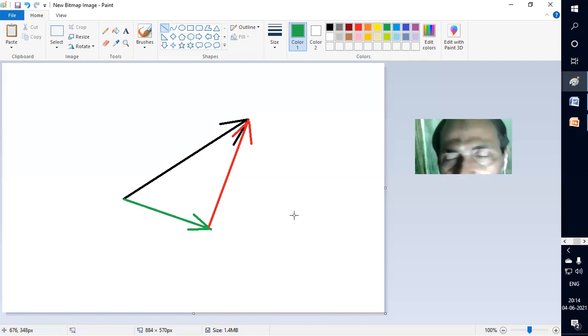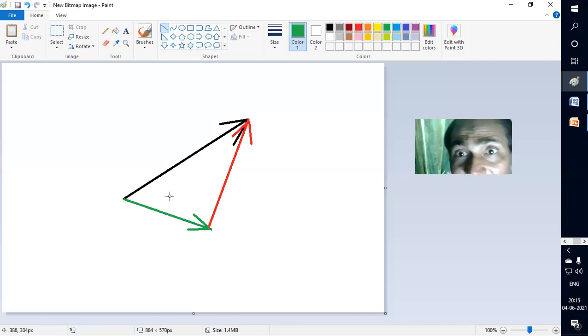And black vector, you will write at the other side. Instead of colors, I can give the names. The green color vector, if added with red color vector, the total answer is the black colored vector. That means black color vector is possible to be splitted into two parts. The black color vector can be splitted into two parts.